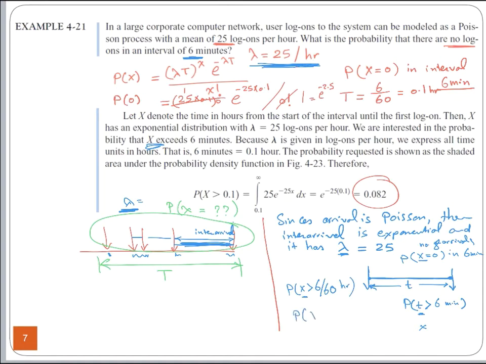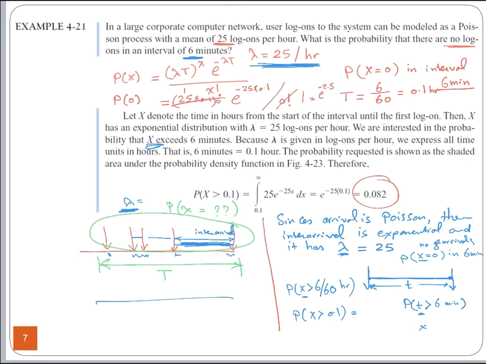So this is the probability that x is greater than 0.1 hour, from an exponential distribution, because the time between one arrival and the next one, x, is exponentially distributed, as we have just explained, since it's the inter-arrival time between two Poisson occurrences.